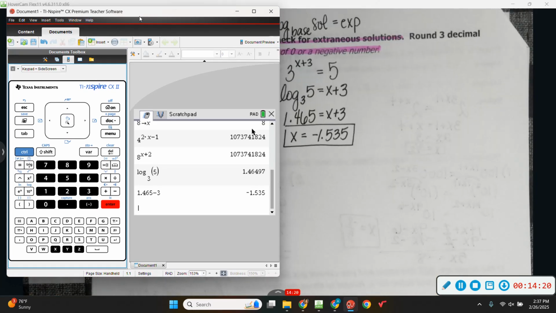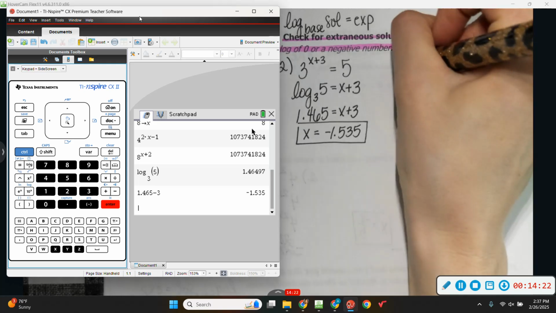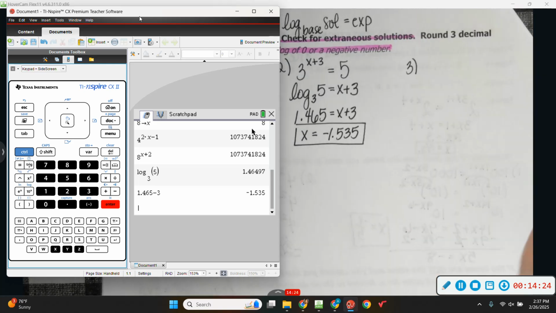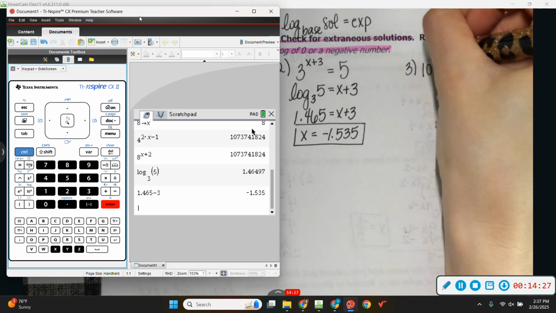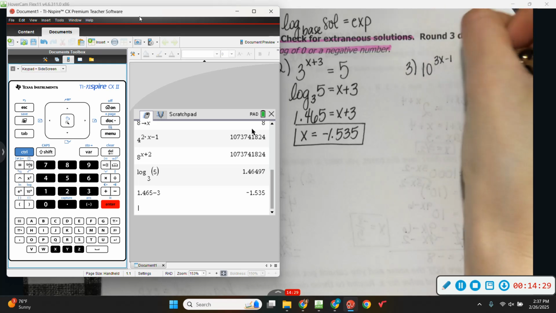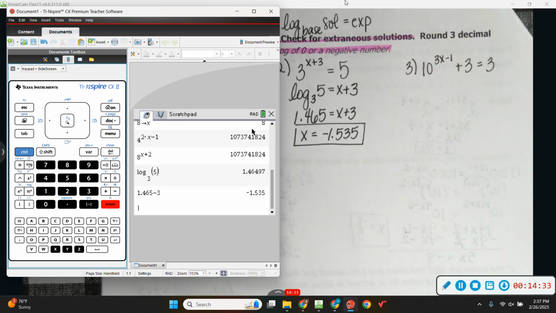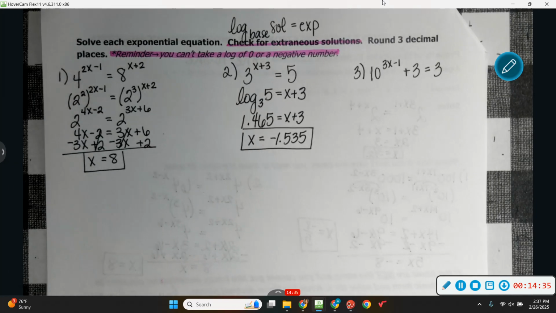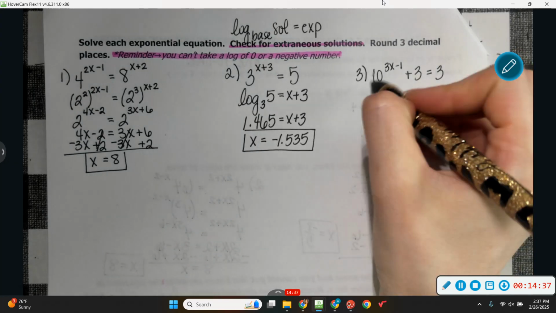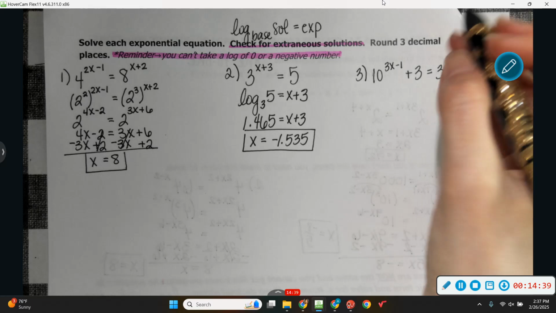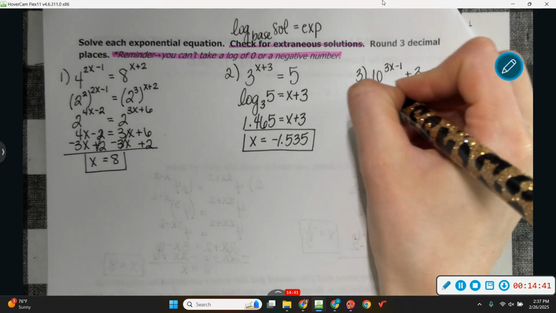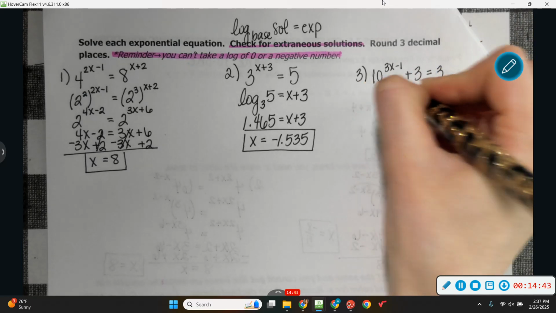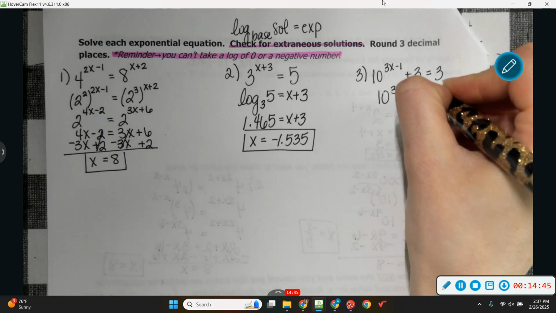Okay. So then, for our third example, we have 10 to the 3x minus 1 plus 3 equals 3. So we are going to isolate the base that's being raised to the exponent by subtracting 3. So then that leaves me with 10 to the 3x minus 1. 3 minus 3 would equal 0.